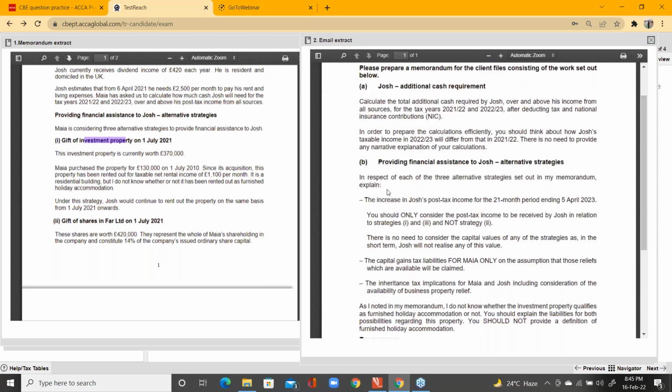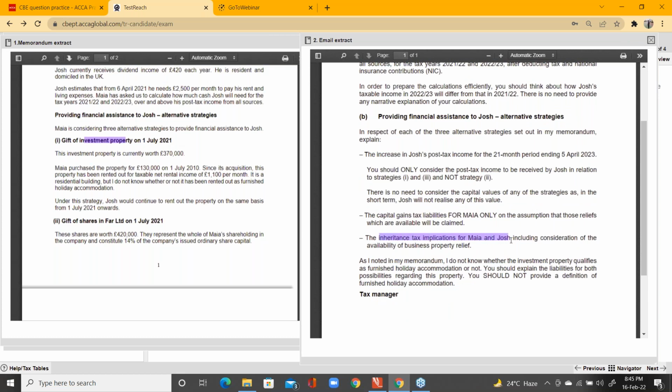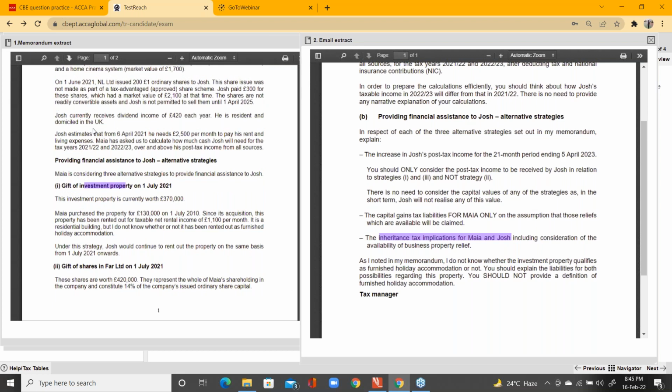So what do we have to do for part B? First of all, calculate the post-tax income for J under the first and third strategy. Second, the CGT implication for Maya only under all three strategies, and the IHT implication for both persons under three strategies. So why are we discussing it?